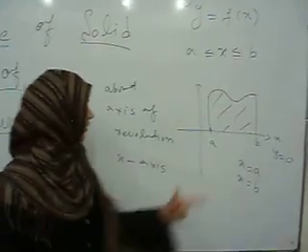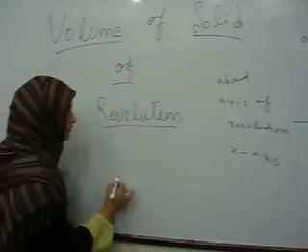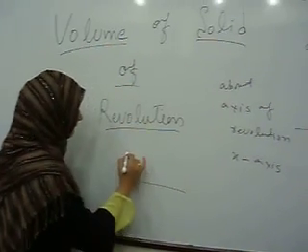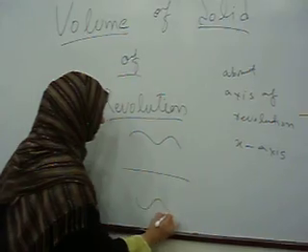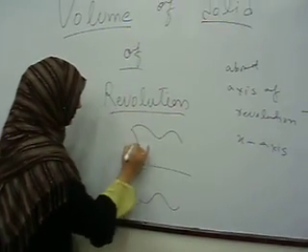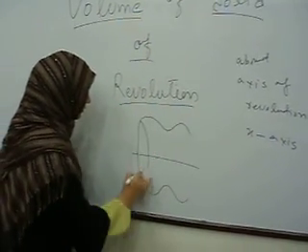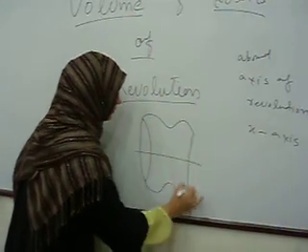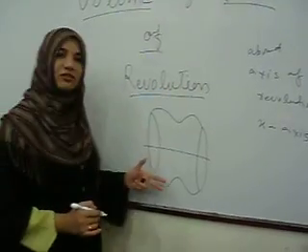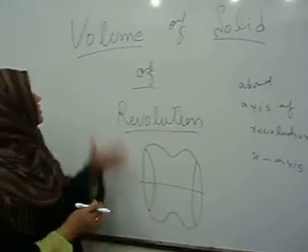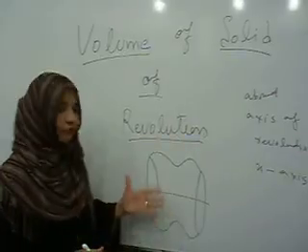After revolving it about the x-axis, I'll get something like this. Now this resulting body is known as solid of revolution. The task is to get the volume of this particular solid of revolution.